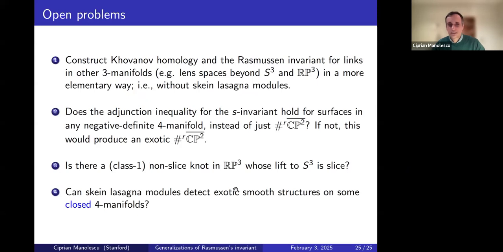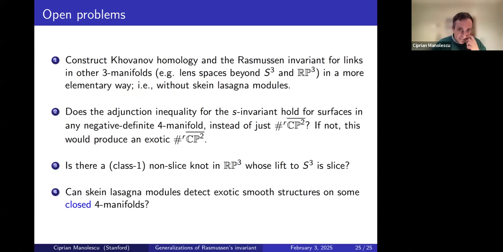So something that's not concordant to the unknot, but when you lift it, it becomes concordant to the unknot. So this is a concrete problem that in principle could be tractable using the S in RP3, but we just don't have the right example. And yeah, I don't know. That's something that one could try to do.